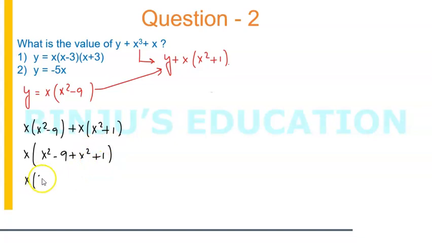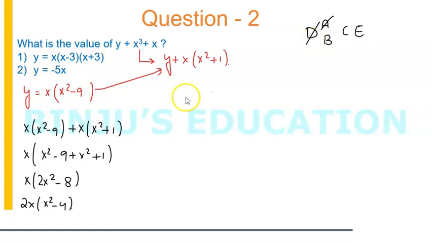So this is x into 2x square minus 8, or this will become 2x into x square minus 4. Now I don't think I can calculate this value unless and until a value of x is given to me. So that is effectively not given to me. So that means statement 1 alone will not be sufficient no matter what happens. So if A alone is not sufficient, which means A goes out and D goes out.